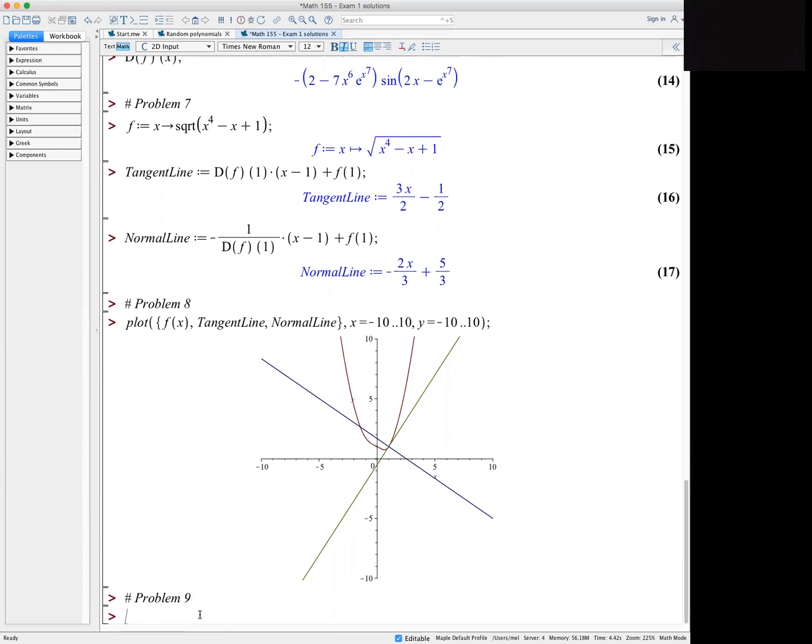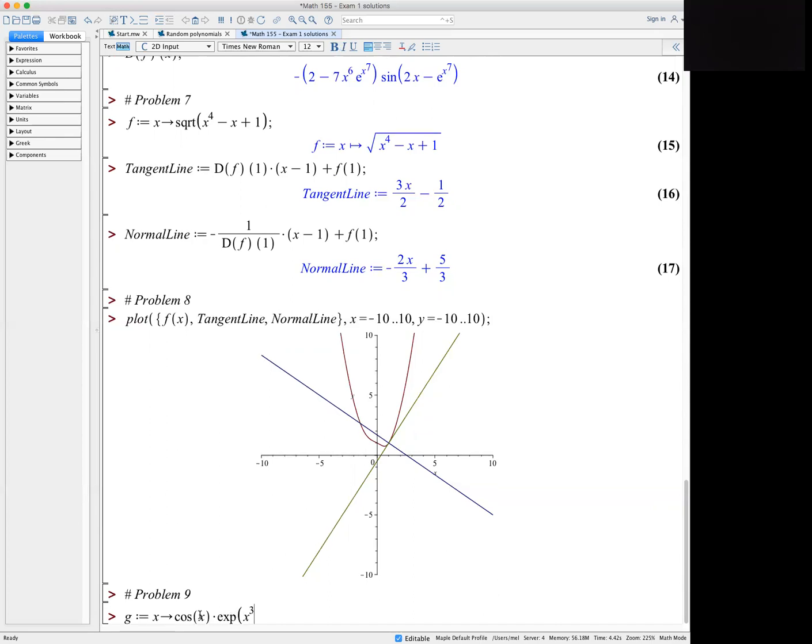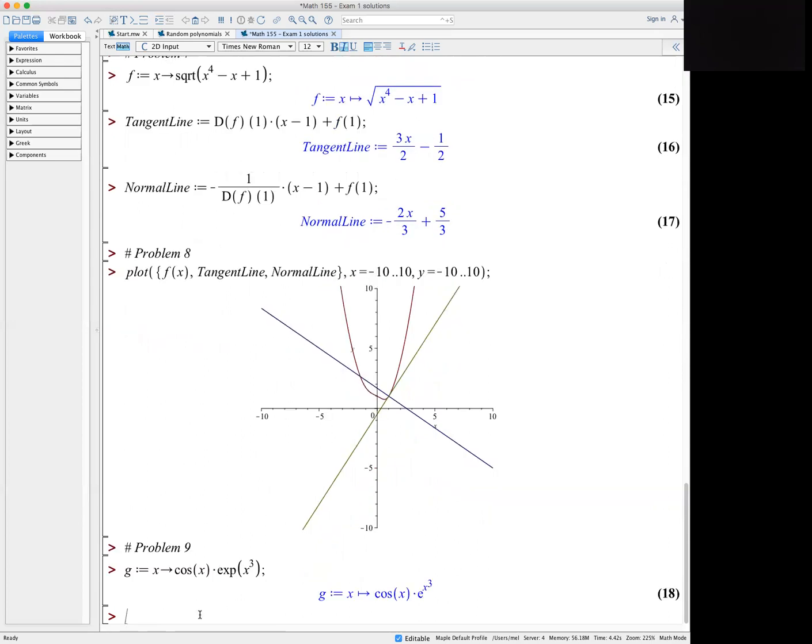So we have another function, let's call it g. X goes to cosine of x times exp of x cubed. Compute the first 7 derivatives.